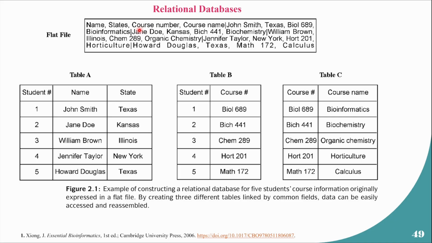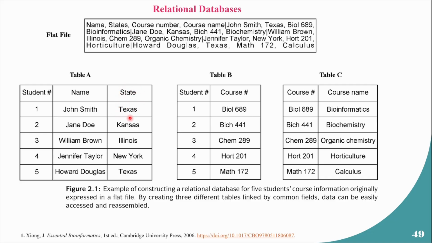But if you are trying to ask a complex query, for example, give us the courses that the students from a particular state, let's say Texas, are taking, right? For that, the algorithm will have to go through the entire flat file because there is no hidden instruction, and then ultimately it retrieves something. If you compare that with the relational database, where it is given in a table format, all it has to do is read table one entirely, and you can see that the state information is given there.